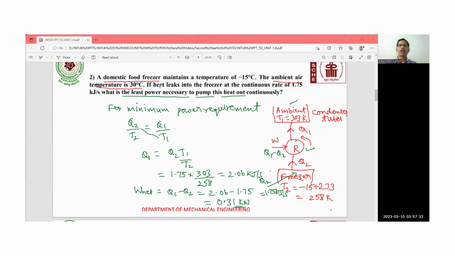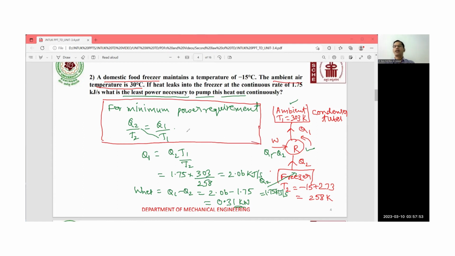For minimum power requirement, this is the formula. This is what has to be etched in your mind, right?